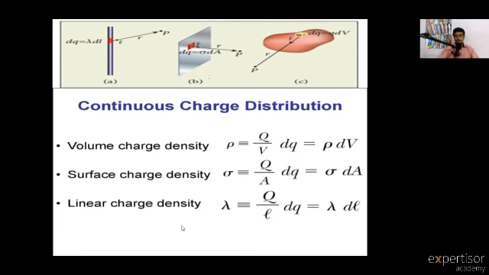So the resultant electric field equation is E is equal to 1 by 4 pi epsilon naught into lambda dl divided by r square. At the same time, for the relation between electric field and surface charge density and volume charge density, like this only, you have to keep these values at the place of Q. So this is the relation between charge densities and electric field.